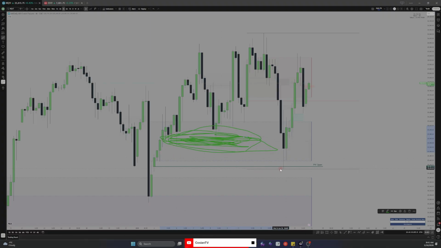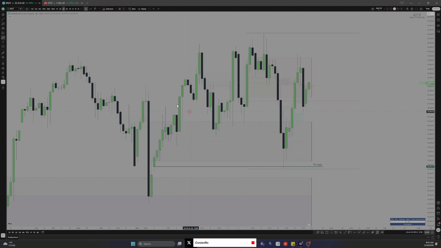We also have this price bounced from this volume imbalance, from this imbalance area, and grabbed liquidity here as well. So what else do we see?